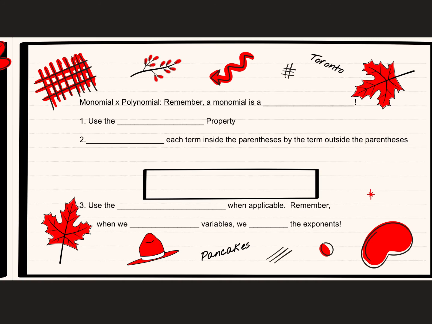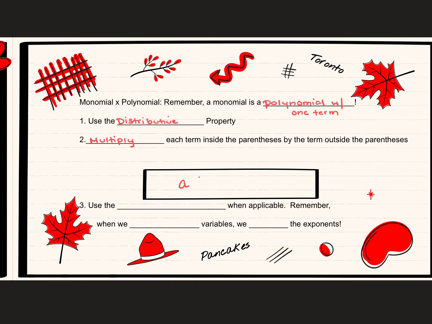Remember, a monomial is a polynomial with one term. All right, so when we're multiplying a monomial times a polynomial, we use the distributive property, in which we multiply each term inside the parentheses by the term outside of the parentheses.